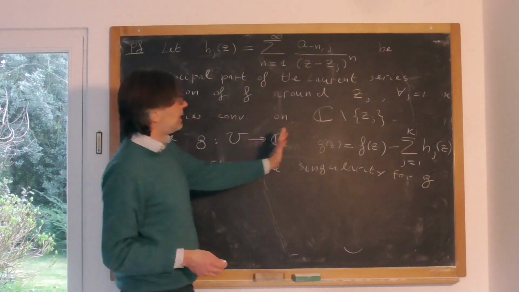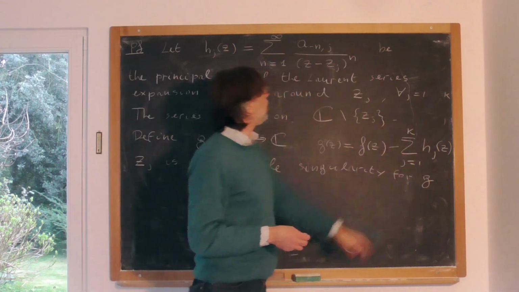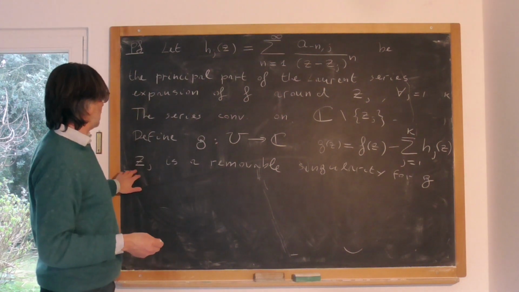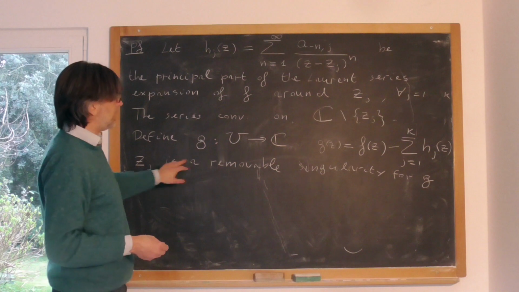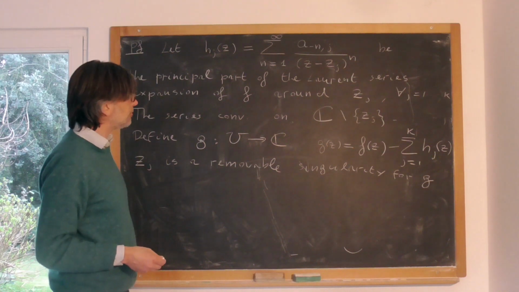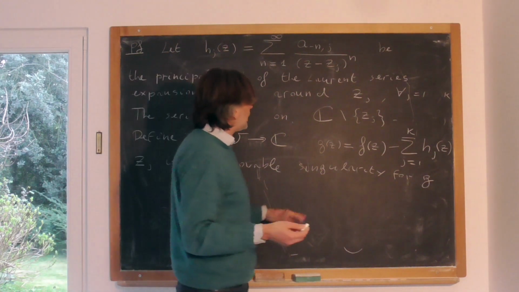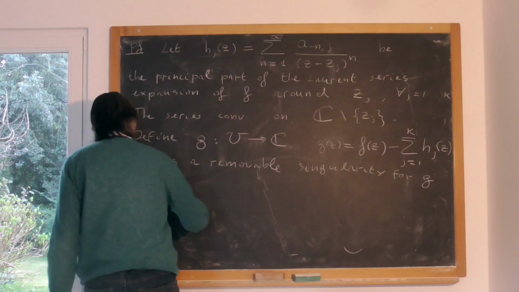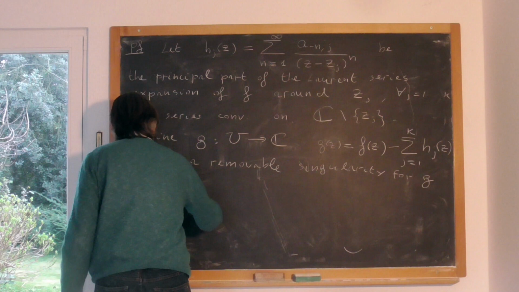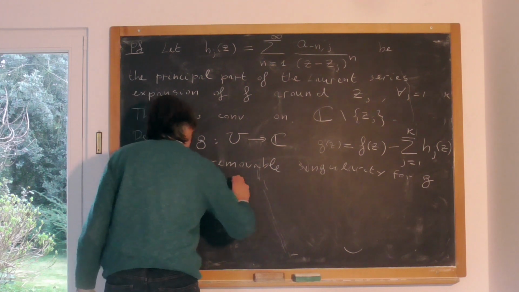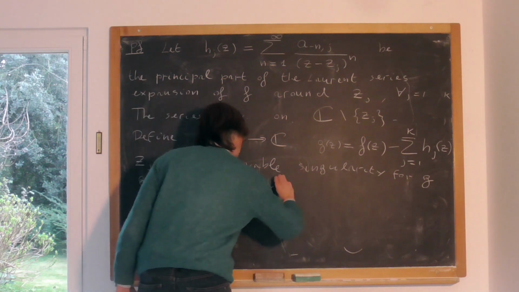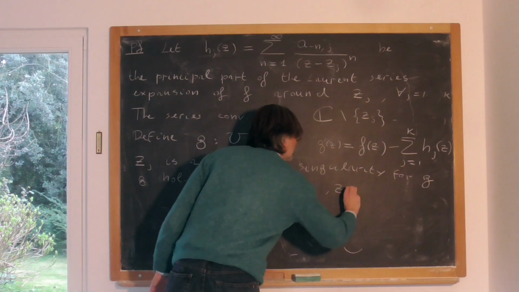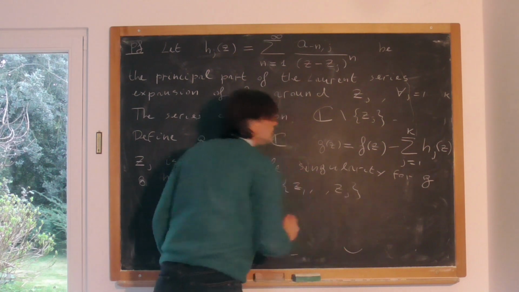Okay, so by this trick of subtracting all these principal parts, we now obtain that the singularity at Zj is removable. So we can remove it, and we obtain that now G extends to a holomorphic function. It's holomorphic on U, but also union these points, Z1, ..., Zk.